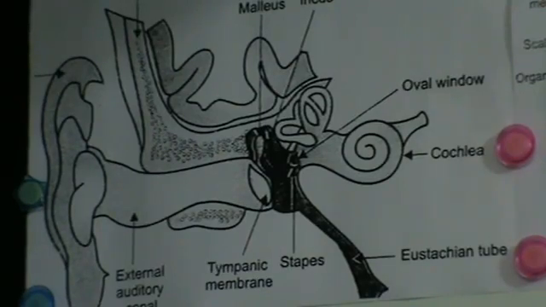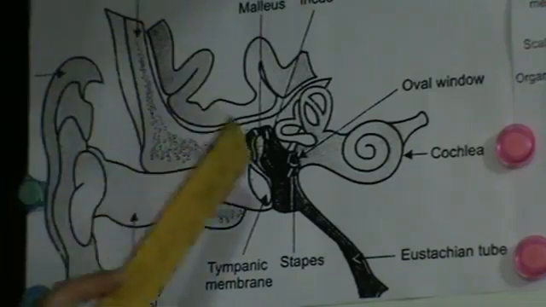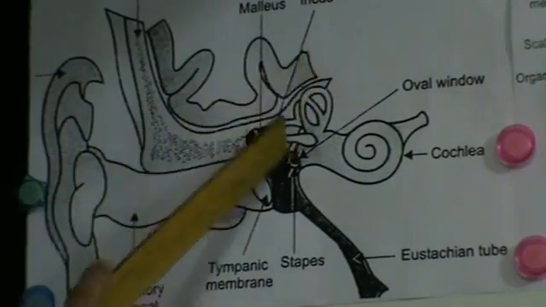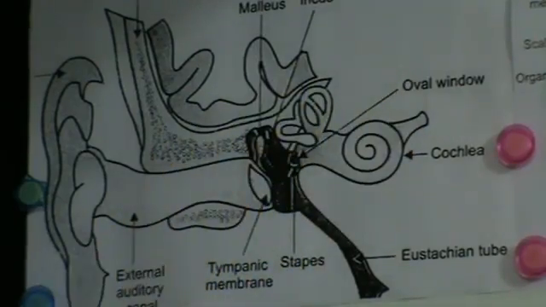Now, what is the vestibular apparatus? The vestibular apparatus consists of semicircular canals. Here you have those semicircular canals. The membrane is divided into two parts: one part is called the vestibular apparatus, the other part is called the cochlea.